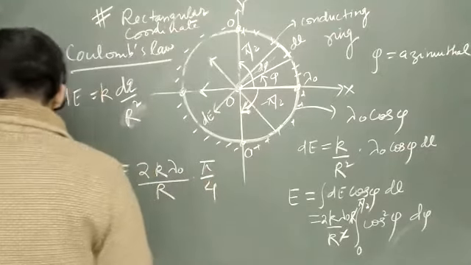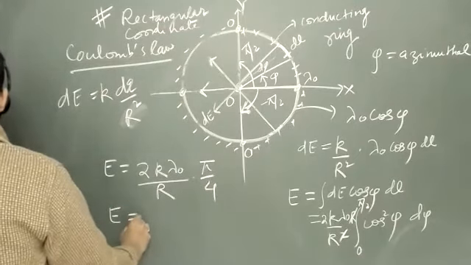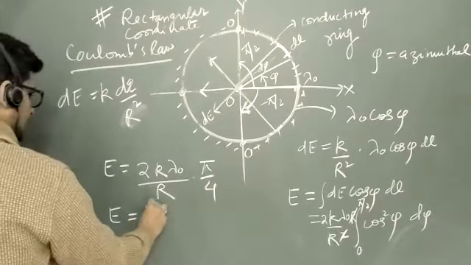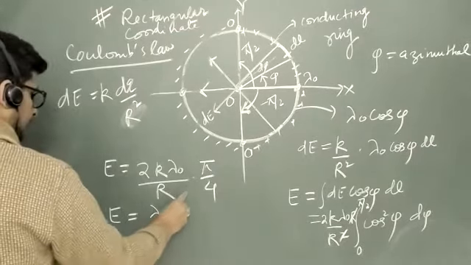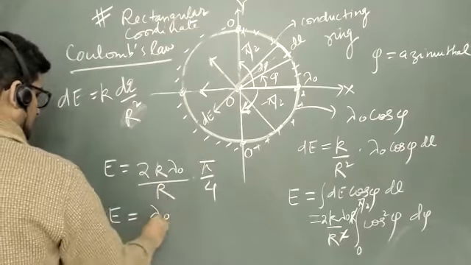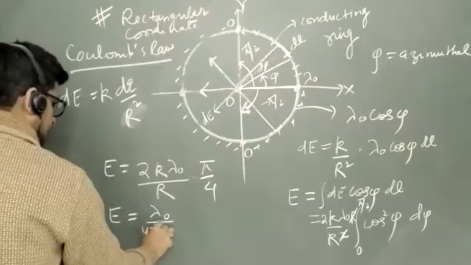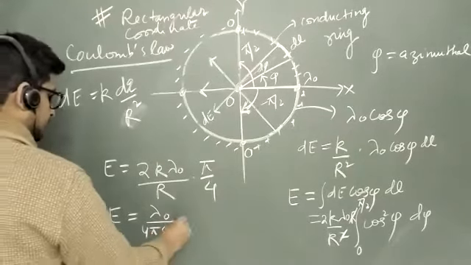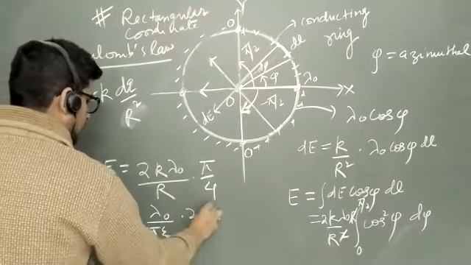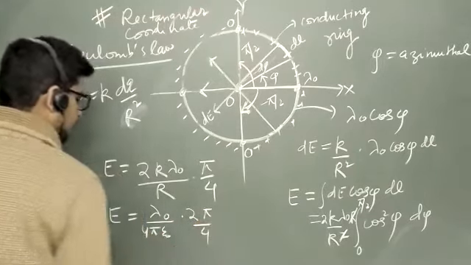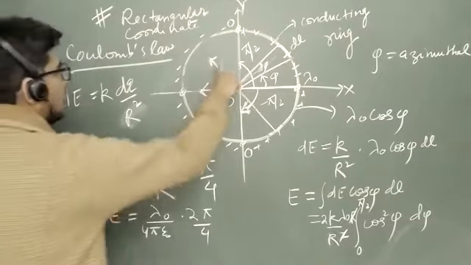Correct? So what will be the electric field? It will be lambda naught, let me write the full k, 4 pi epsilon naught, and into 2 pi by 4. Is this okay? So this is the electric field only from the positive side.